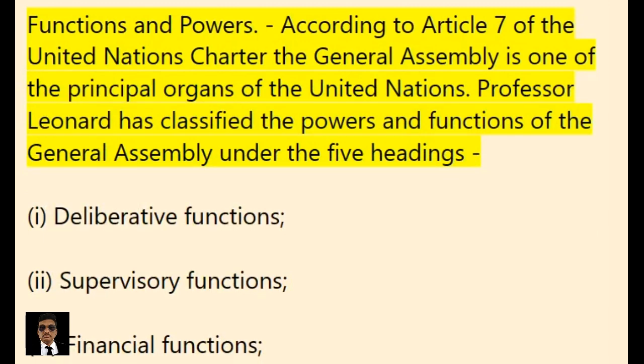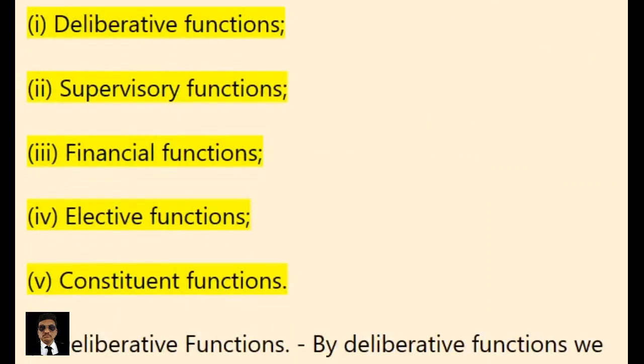Professor Leonard has classified the powers and functions of the General Assembly under 5 headings. 1. Deliberative functions. 2. Supervisory functions. 3. Financial functions. 4. Elective functions. 5. Constituent functions.